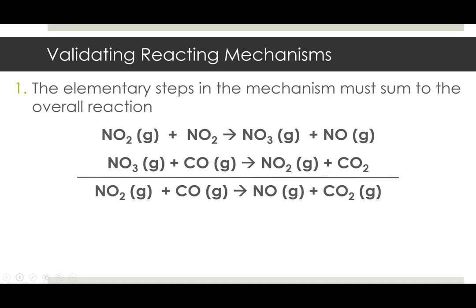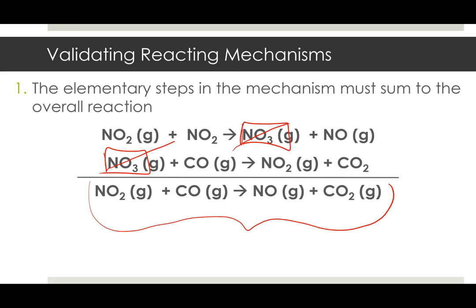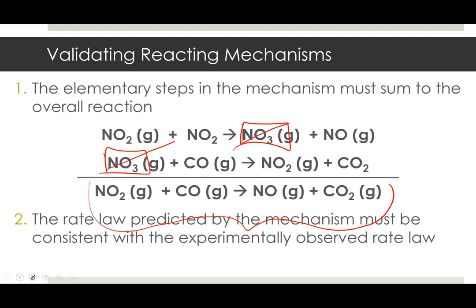The elementary steps in a mechanism can sum up to the overall reaction. We talked about how to do that. We identify reaction intermediates, this NO3, and then we add up everything that's left, and this is our overall reaction. Okay. The rate law can be predicted by the mechanism.